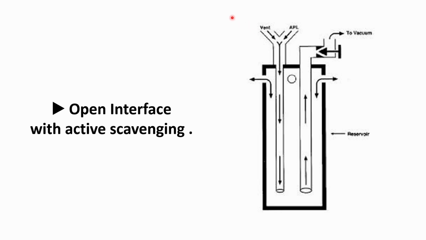Why? This is a very important question. Why don't these waste products go inside this reservoir? Because it's connected to an active vacuum, which is active scavenging, sucking these waste products directly to the scavenging disposal assembly. But what happens if this vacuum is overworking? Here we have two openings in this reservoir.